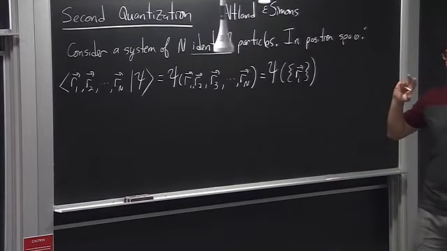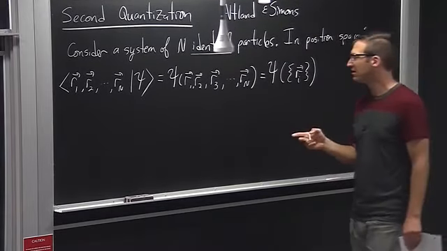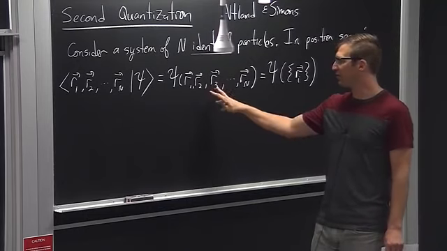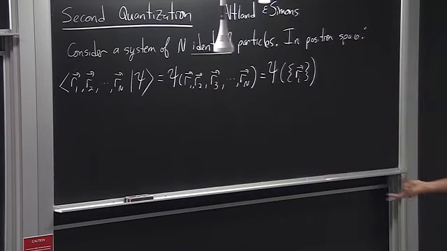Now, if your particles are indistinguishable, if you exchange the labels on any two particles, then something shouldn't change, and that something is your probability density.